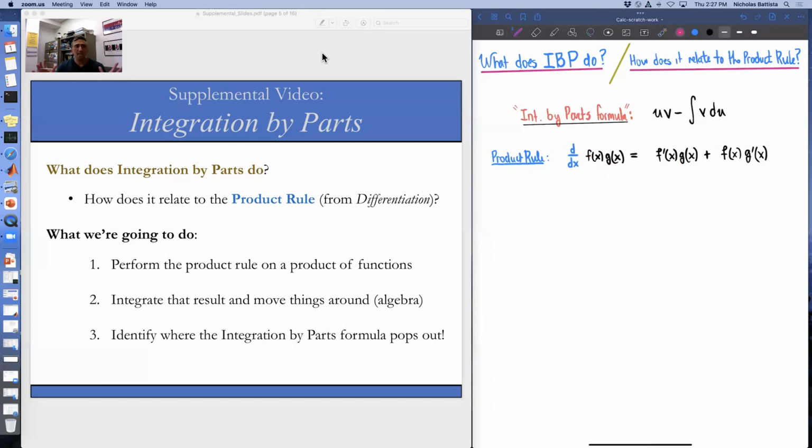And well, at this stage, there's no integration anywhere yet, but we're actually just going to go ahead and integrate what we just did for product rule. So taking the previous product rule line, we're going to just integrate both sides.